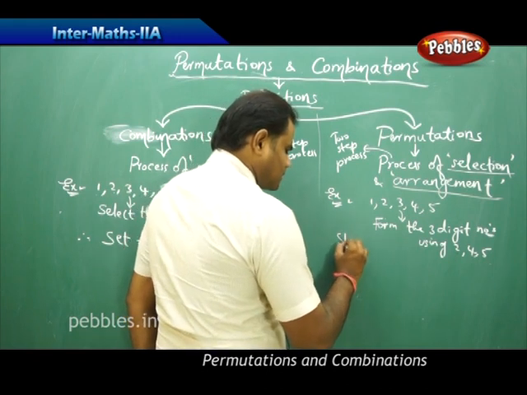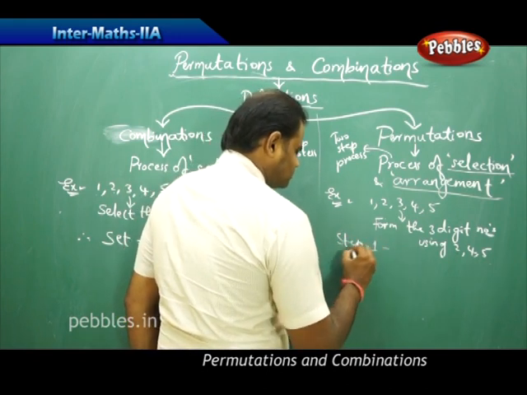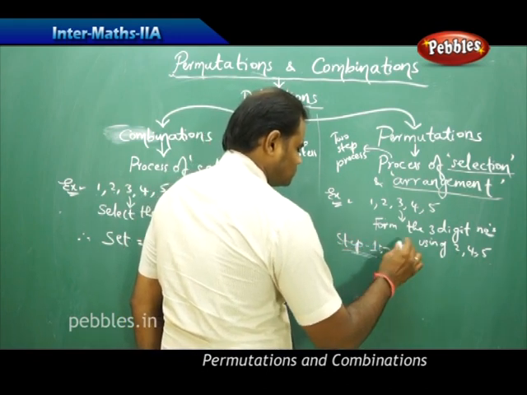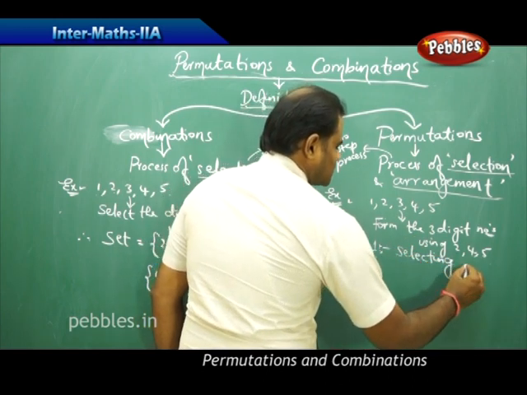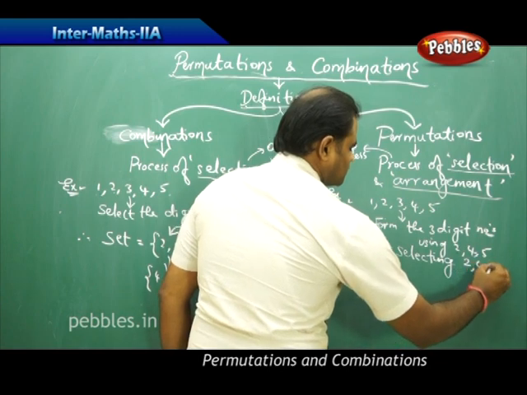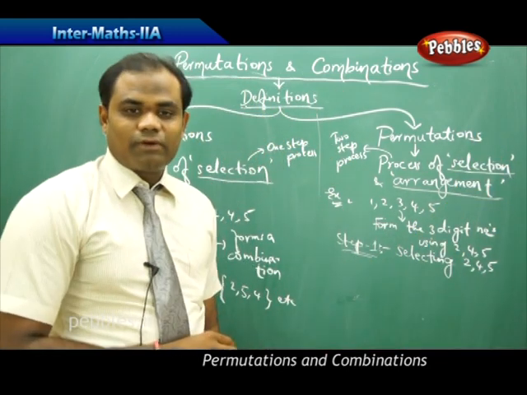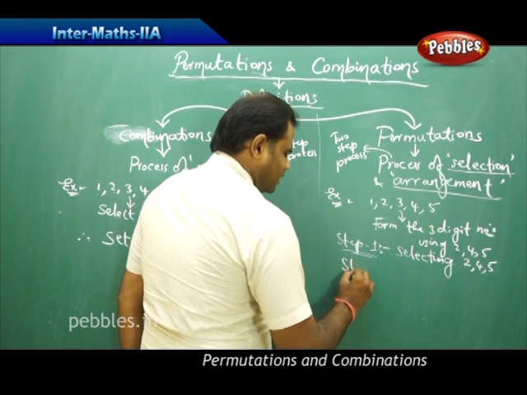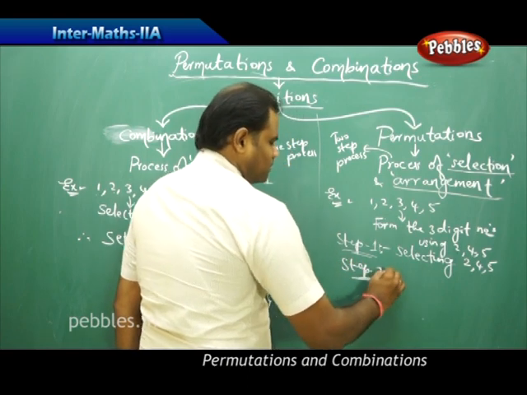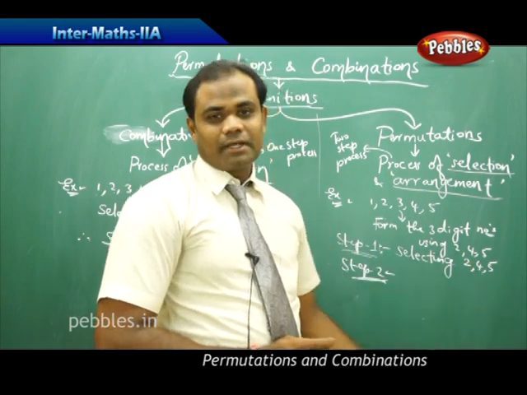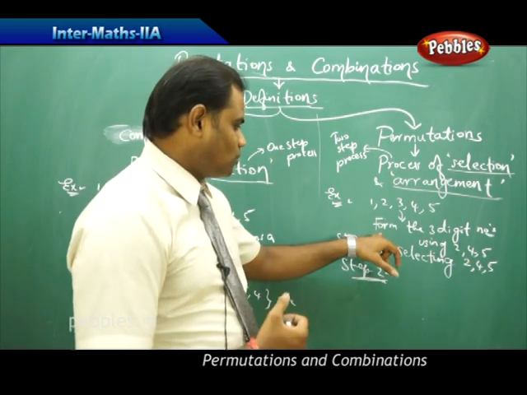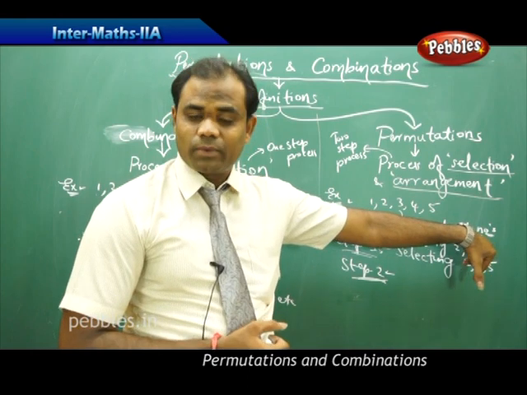Step 1 is about selecting the digits 2, 4 and 5, and next comes arrangement, because permutation is about selection and arrangement. One is the selection and then we arrange to form the 3-digit number as the question desires.